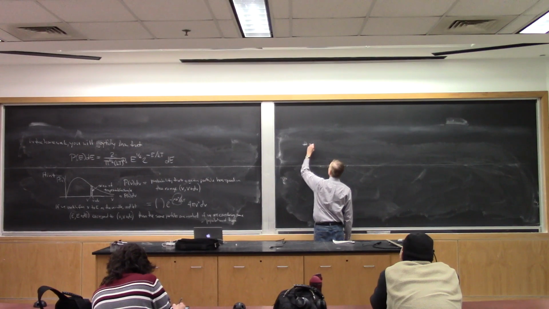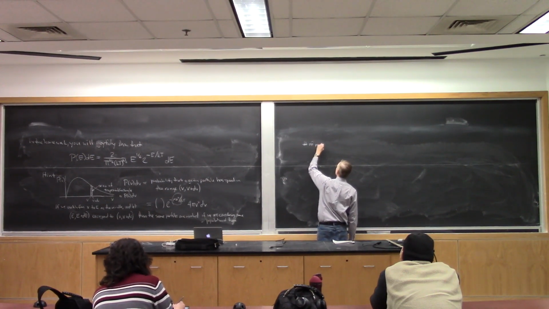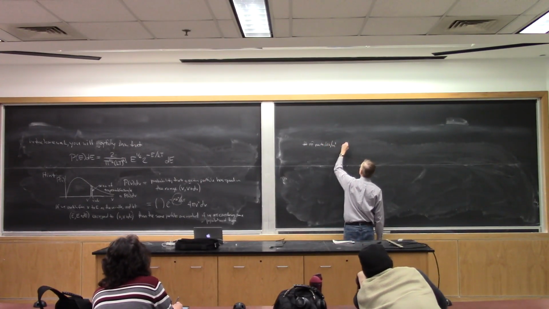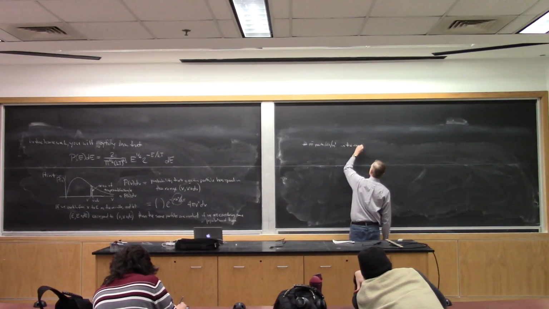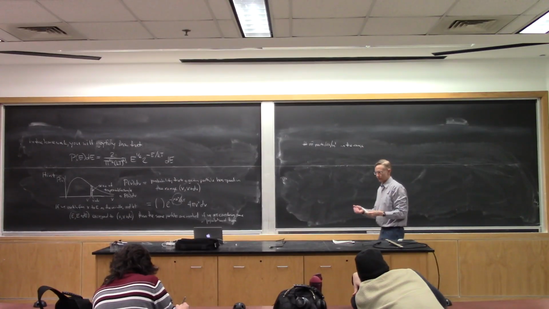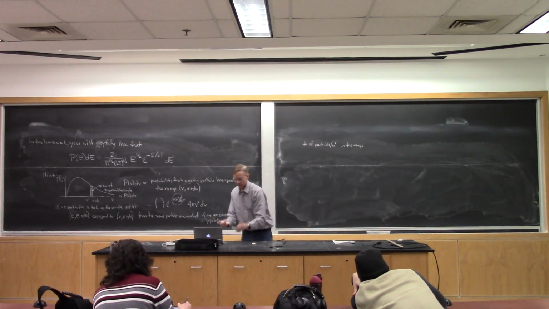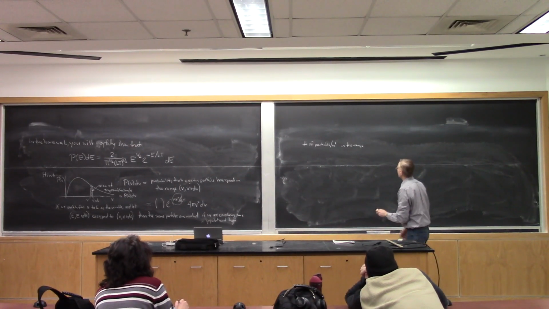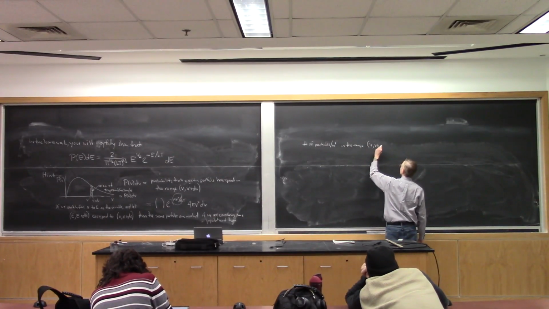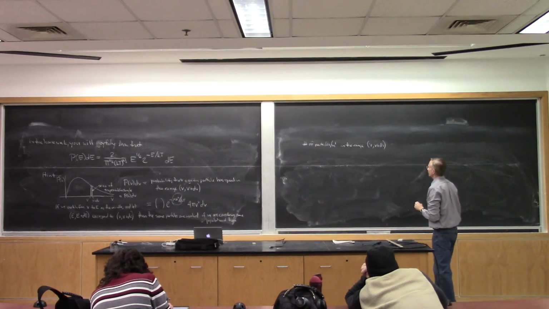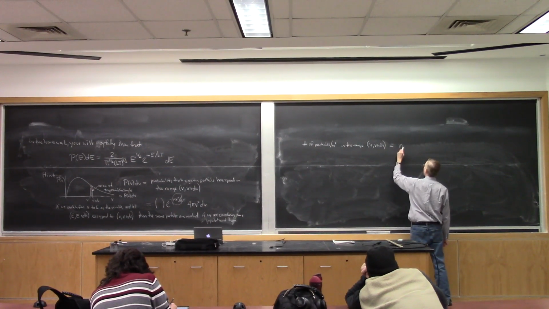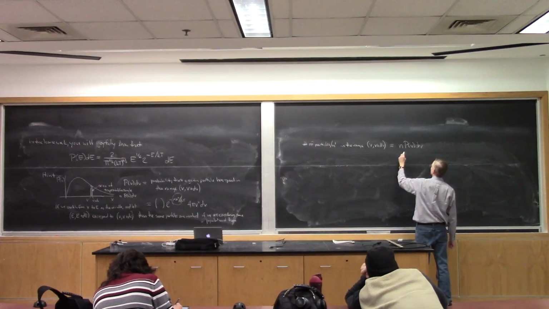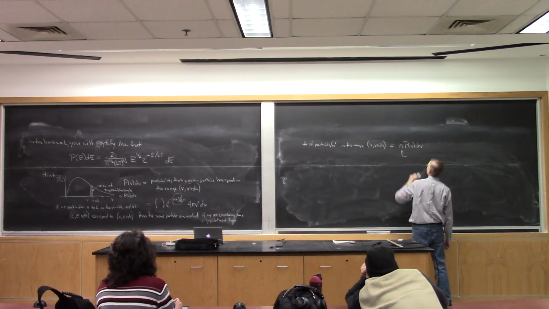So the number of particles per cubic meter in the range from V to V plus dV, it's time to switch to my glorious new chalk here, would be equal to n times P of V dV, because what does n represent?